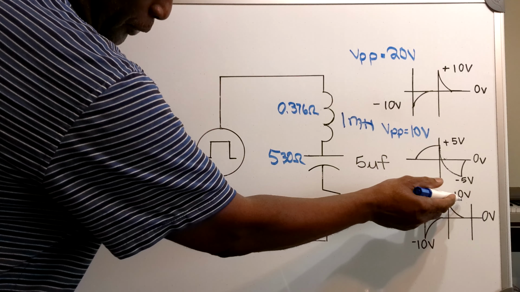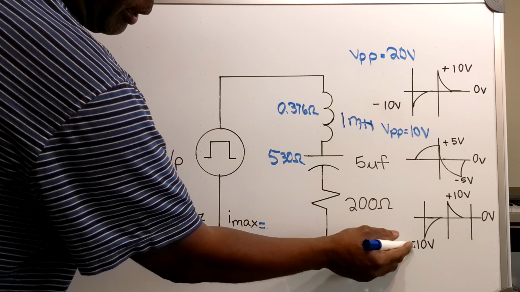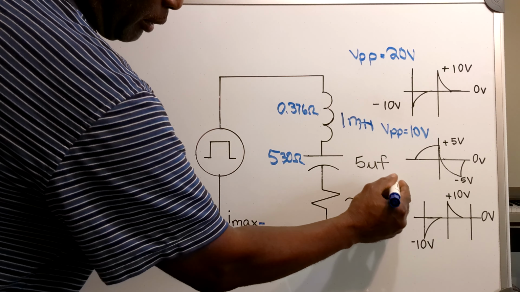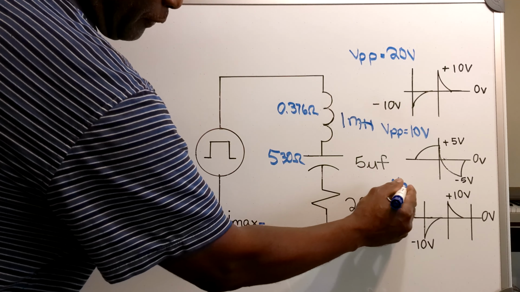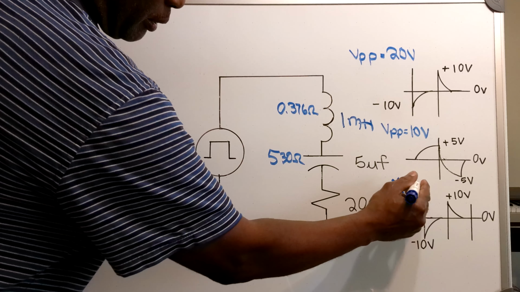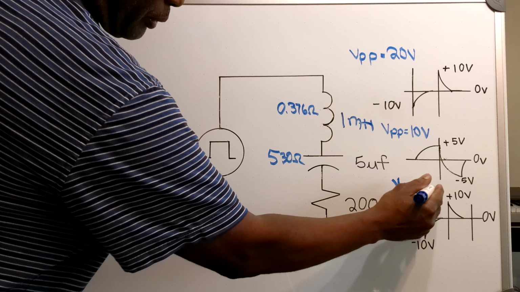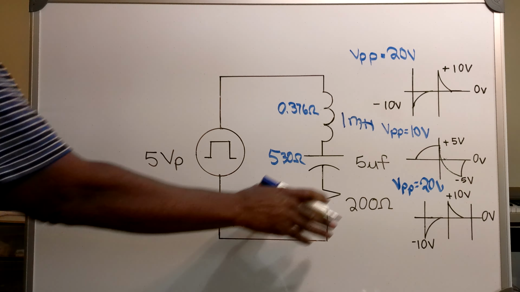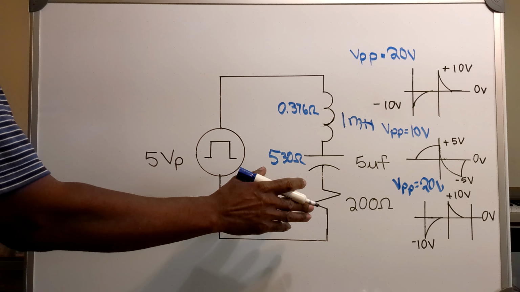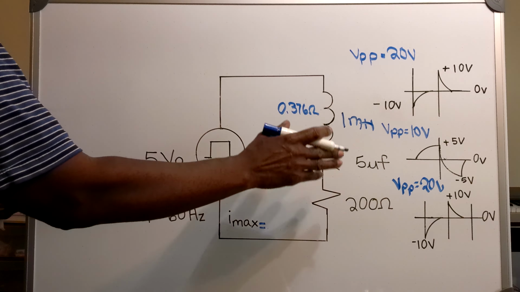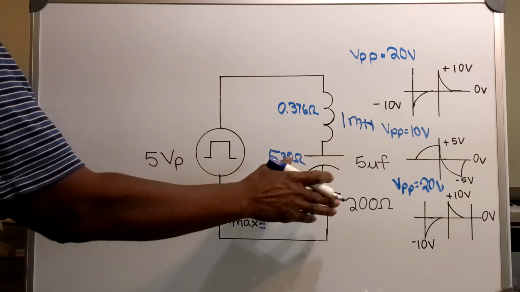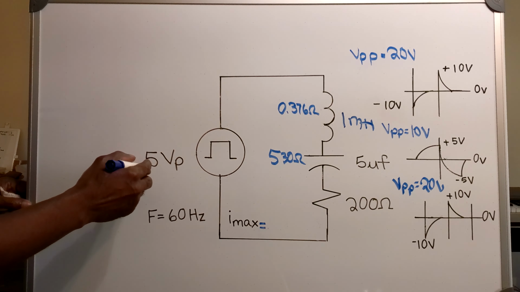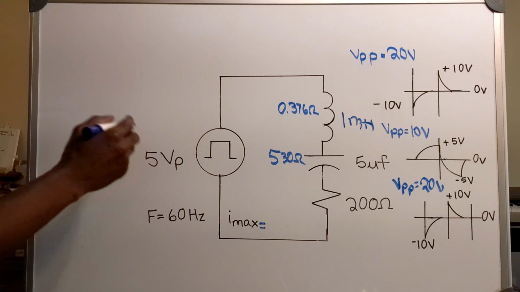And I've got 10 volts at the top, and I've got minus 10 volts at the bottom. This gives me a peak-to-peak voltage of 20 volts. And also across my resistor, I have more voltage on the output than I do on my input.